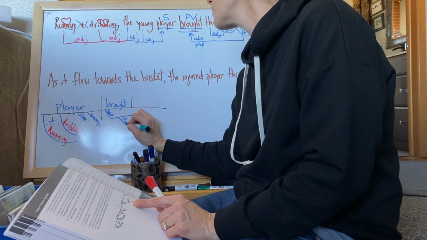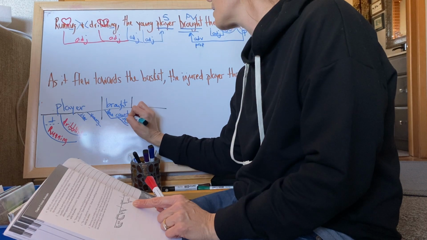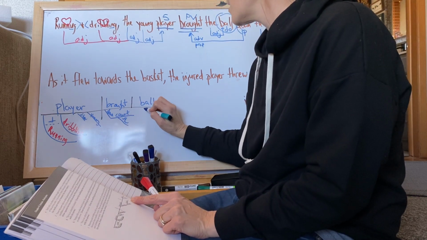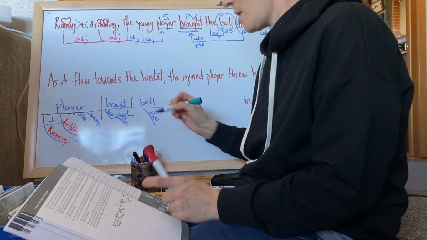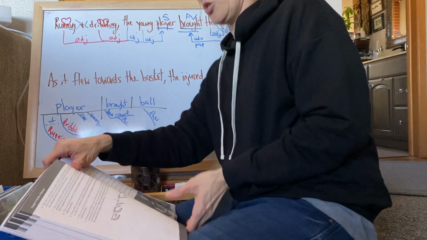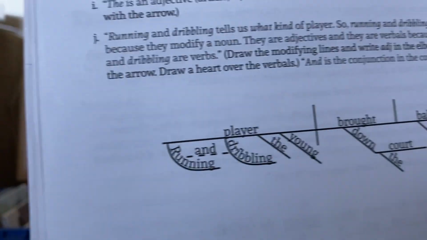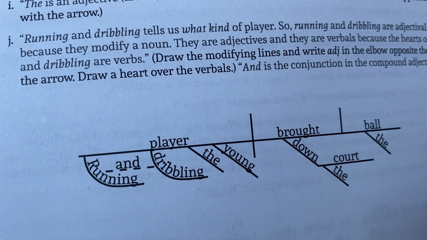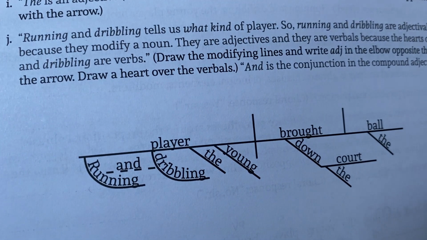Down the court. What did they bring? Ball. The ball. Now, if you can't understand my messy jargon, this is what it's going to look like. There we go. That's what your finished diagramming should look like, okay?